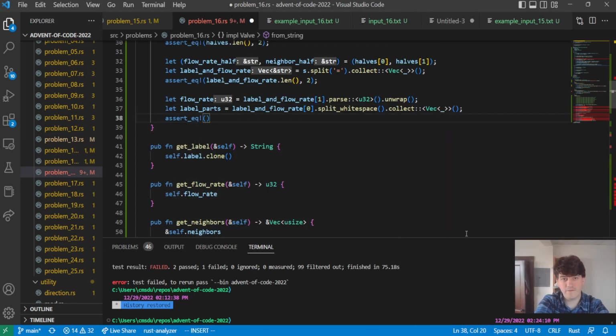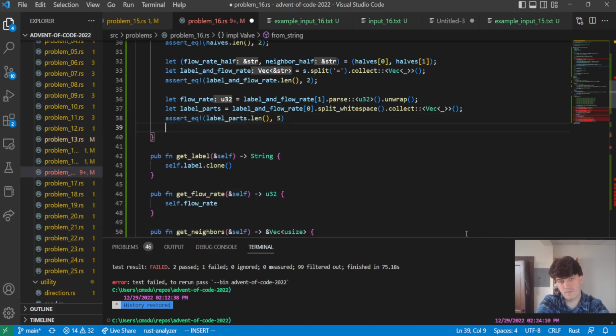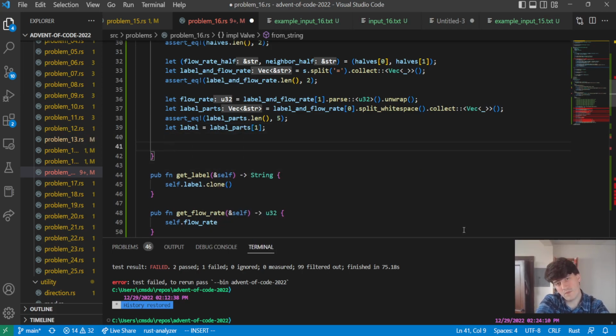Check that there are 5 parts. Just a poor man's parser. And now we let label equal label_parts[1].